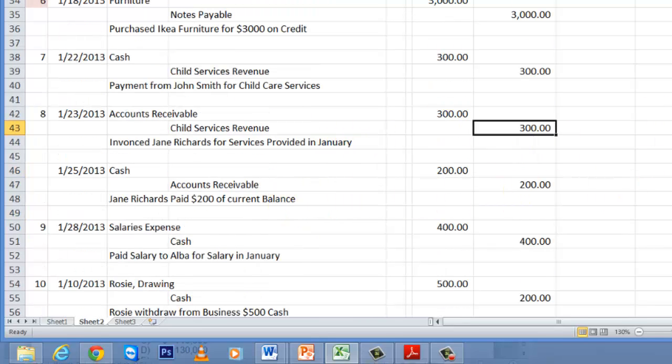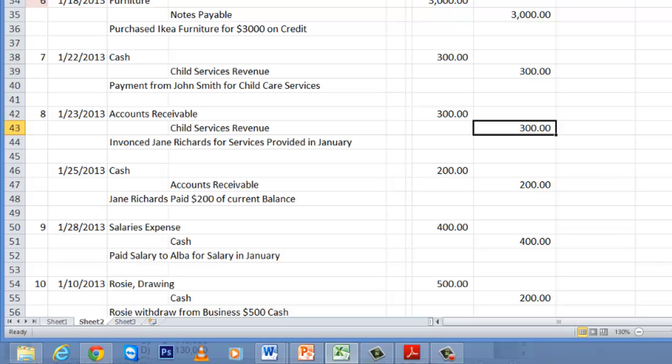On the 25th, Jane paid $200 of that money, and she promised to pay the rest the first week of February. In this case, we're going to reduce accounts receivable by $200. Reducing is a credit, and we're going to debit cash because we had an addition in cash.